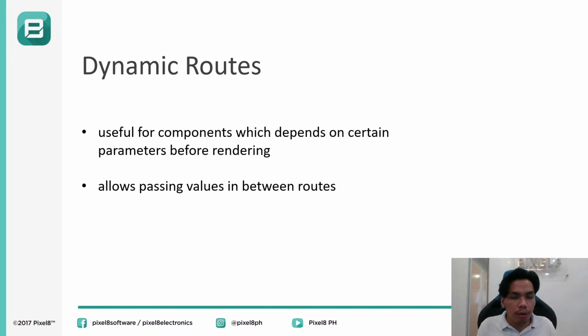That is a common route need. You have a component that requires a certain value to be passed to it. That is one useful usage of dynamic routes. Dynamic routes allow the passing of values in between routes. The way you pass values between routes is using params.